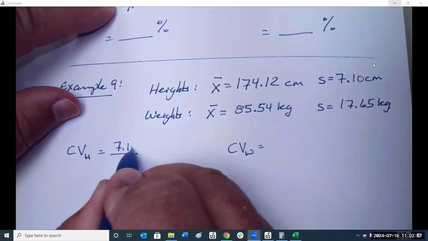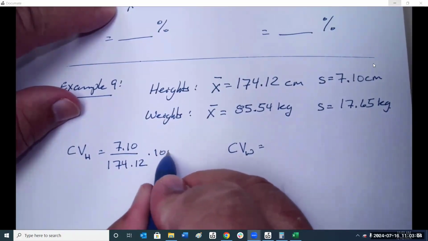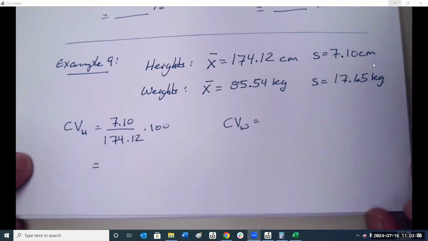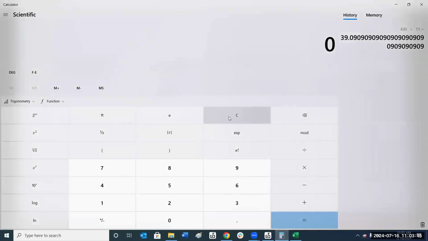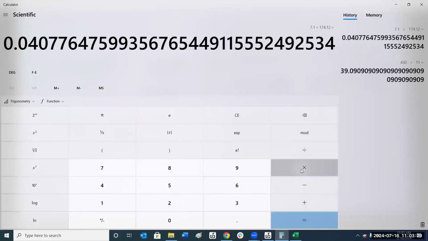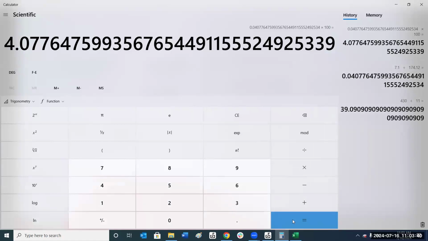So it's 7.10 divided by 174.12 times 100, which is 4.1%.